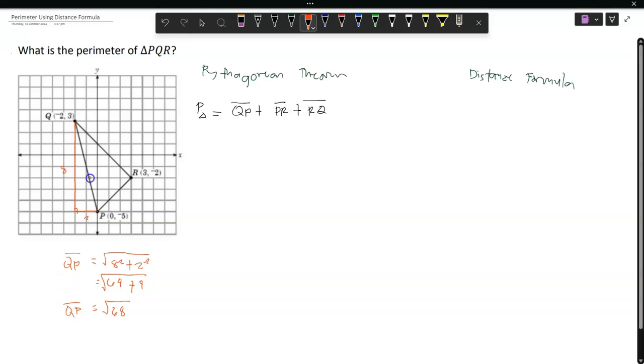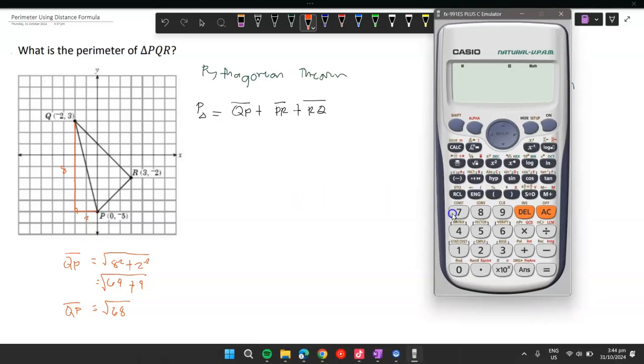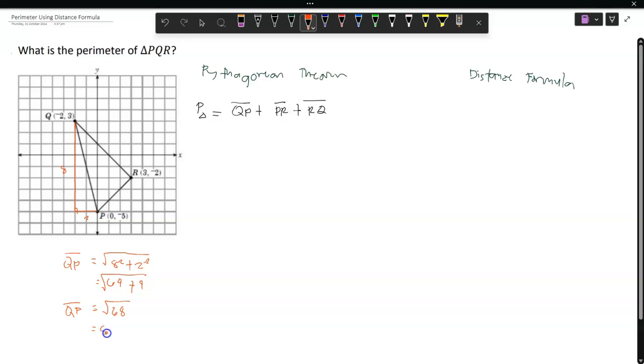Or if I'm going to get my calculator, square root of 68 is just 8.25. So I'm going to write 8.25. That's my QP.